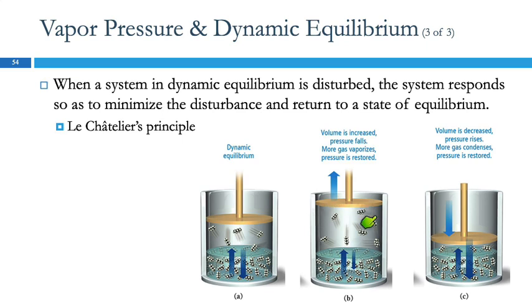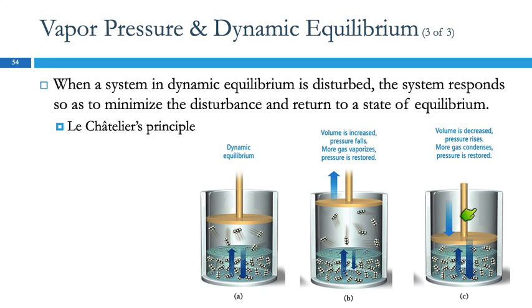Okay, so if this becomes lower in concentration, then the rate of condensation is going to slow down for a while. And evaporation will continue at the same rate until they catch up to each other. And so we're going to end up with the same vapor pressure that we had over here.